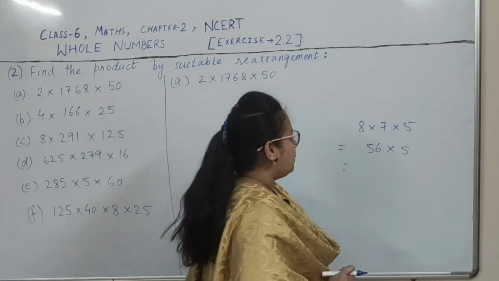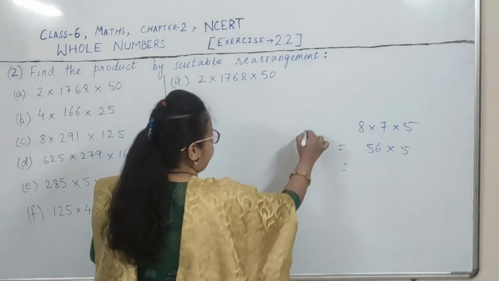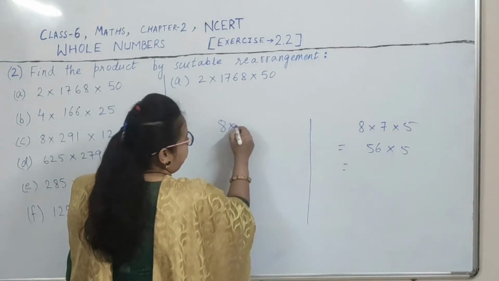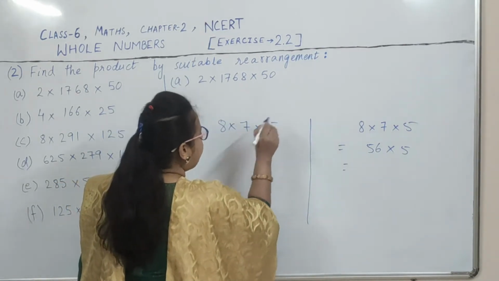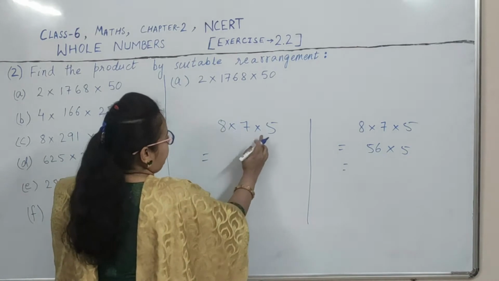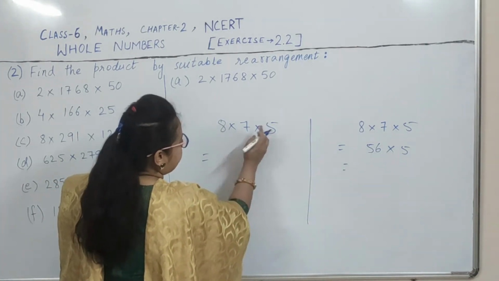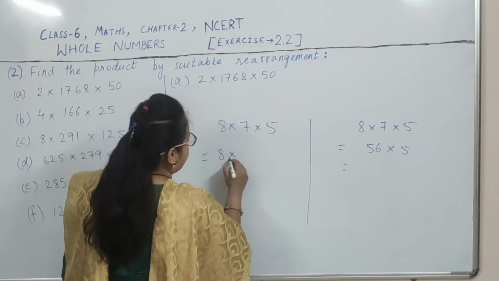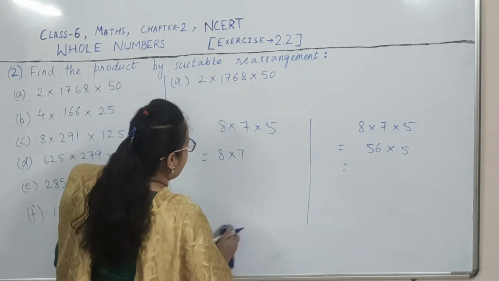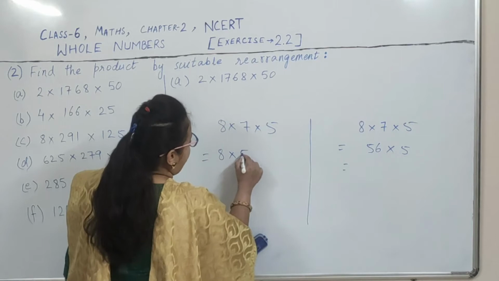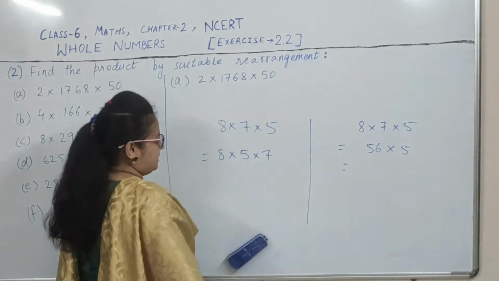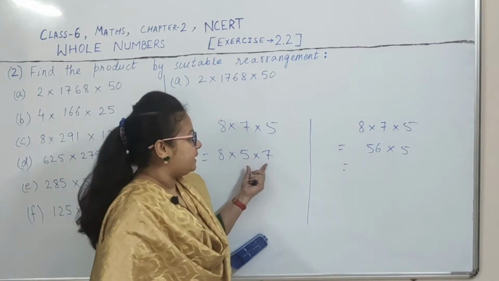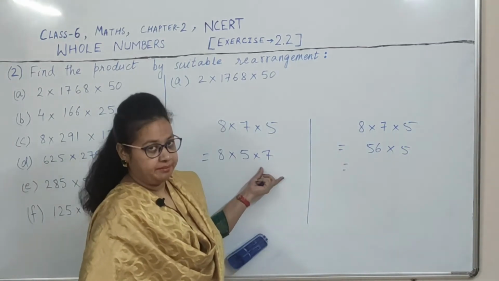But by making use of those properties and by rearranging the numbers, we can do this multiplication very easily. How? If we take this number here and this number here, it will become easy. We will take the 5 first and then the 7 will come later. This property is known as the commutative property, where we interchange the numbers.